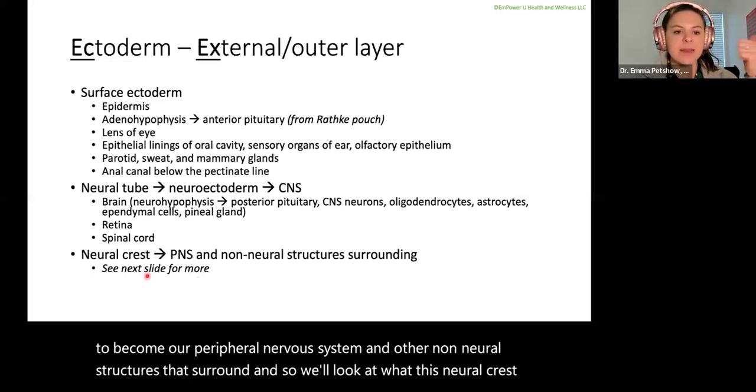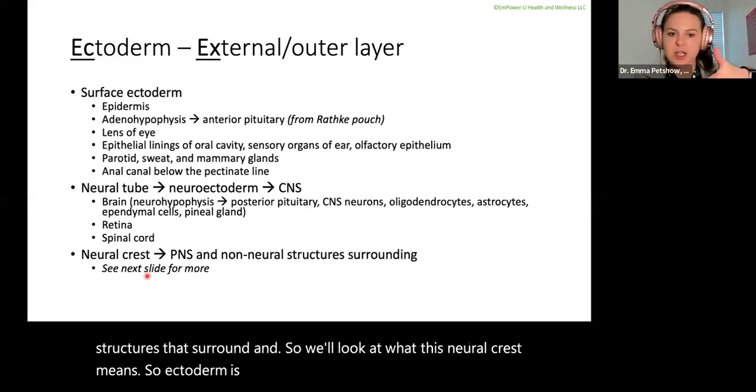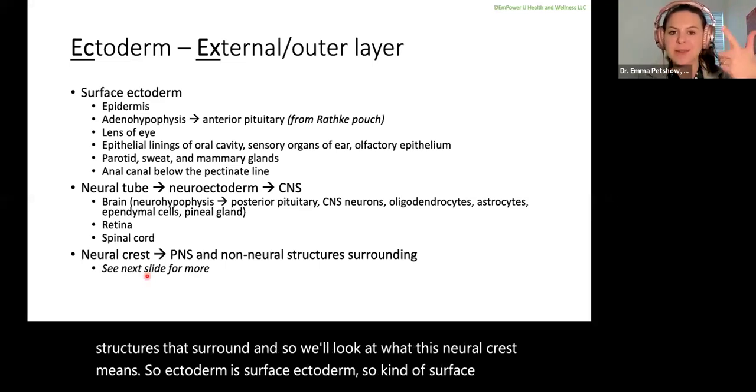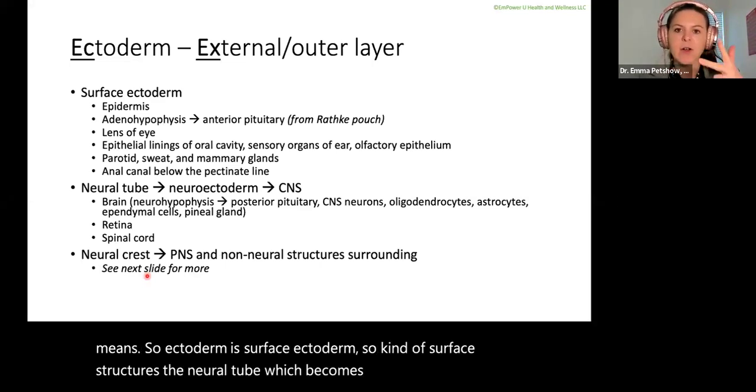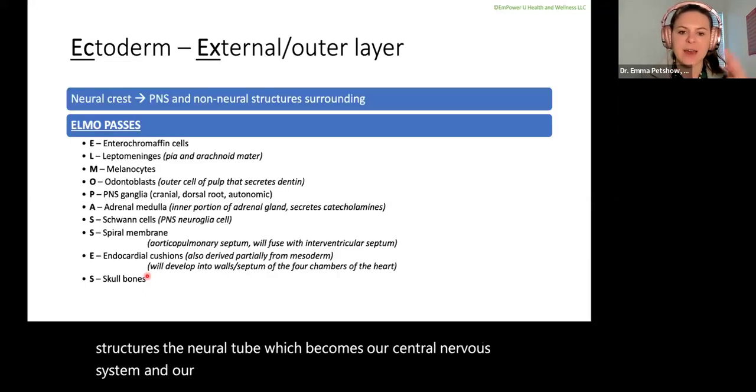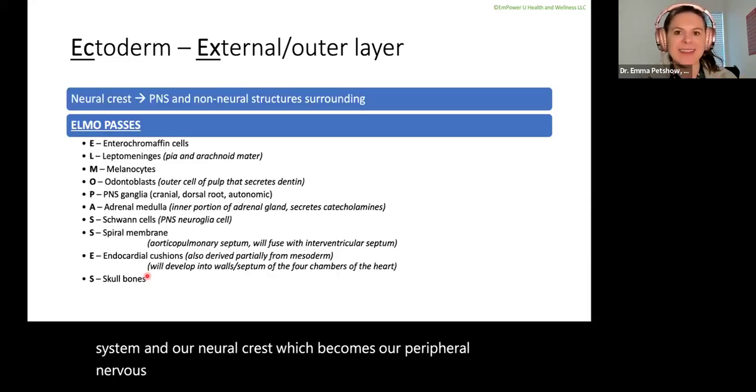So ectoderm is surface ectoderm, so surface structures, the neural tube, which becomes our central nervous system, and our neural crest, which becomes our peripheral nervous system, as well as ELMO-PASSES.